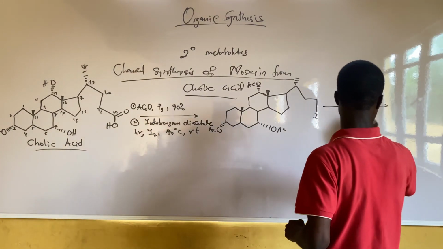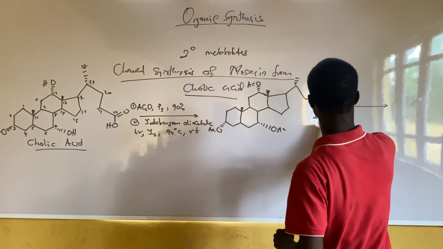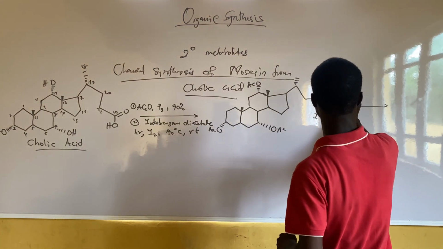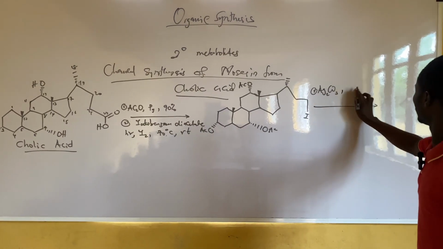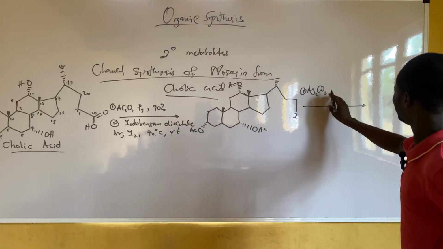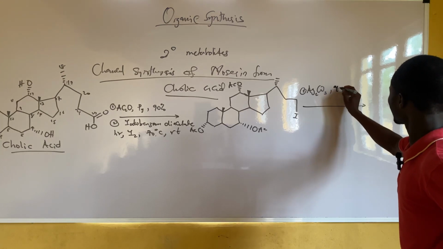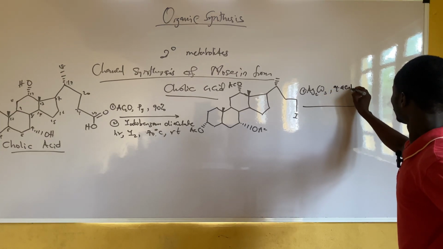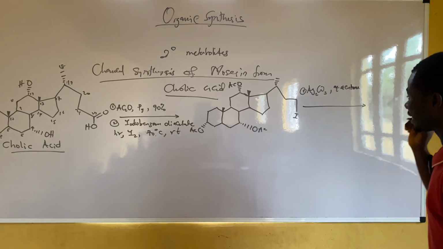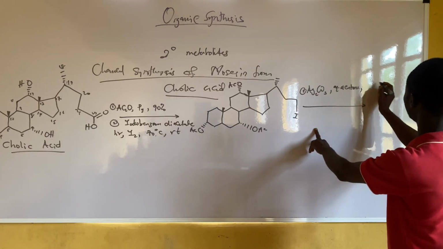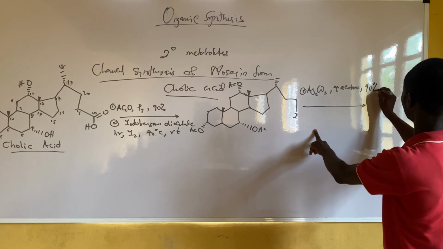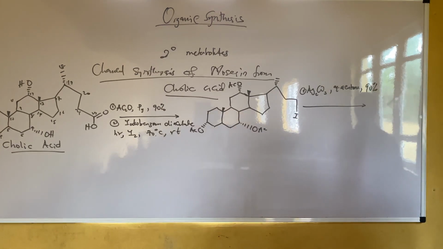Number one, we treat it with silver carbonate in aqueous acetone. All of these are organic solvents. At a proportion of 90% concentration, so that we do.